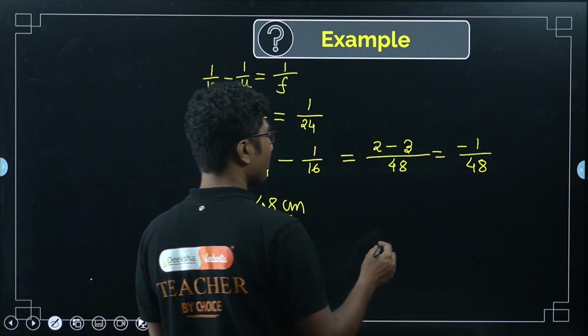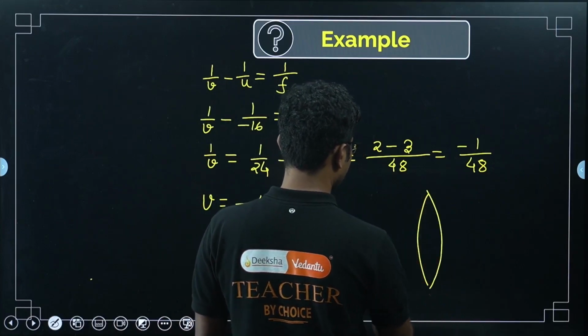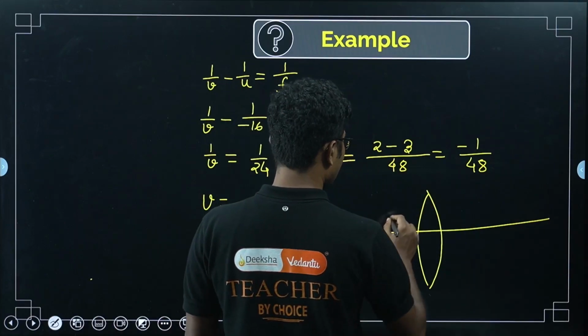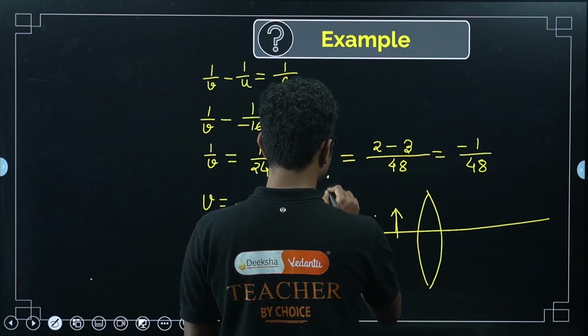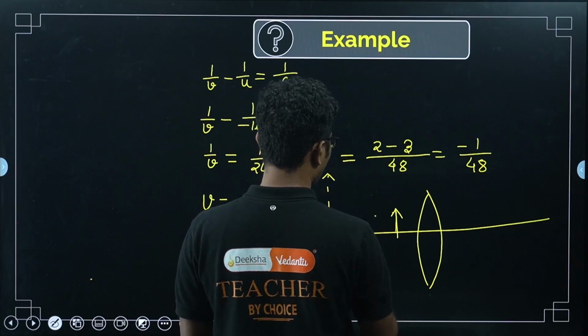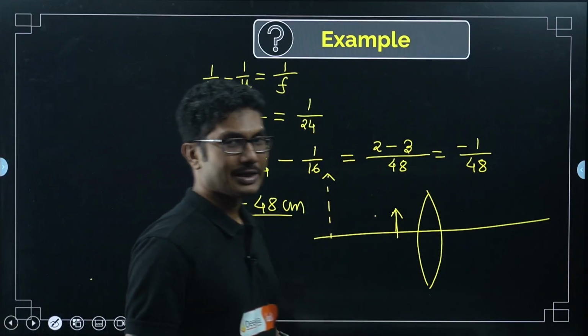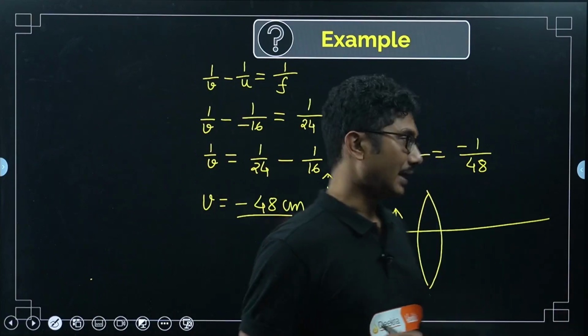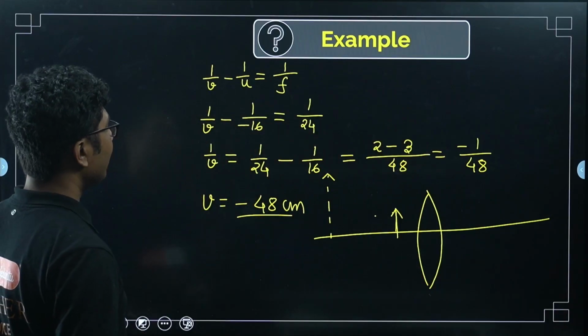If the image is forming on the same side as the object, then obviously we know this is a virtual image. So the object is here and the image is forming somewhere here. In case of lenses, image forming on the same side as the object, the left hand side of the lens, is a virtual image.